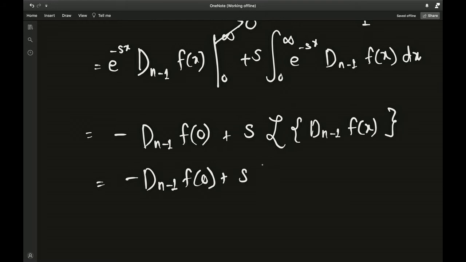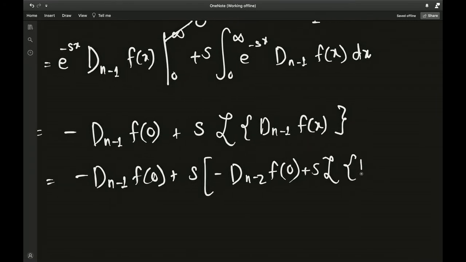If we bracket this, we will end up with negative the n minus 2th derivative of f of x at 0, by the same logic, plus s times the Laplace transform of the n minus 2nd derivative of f of x.